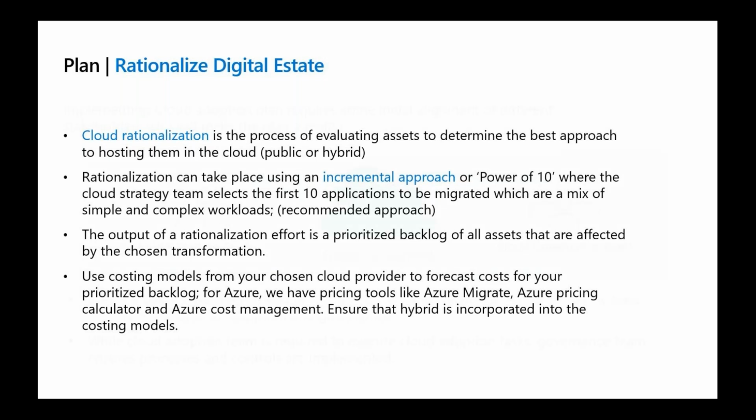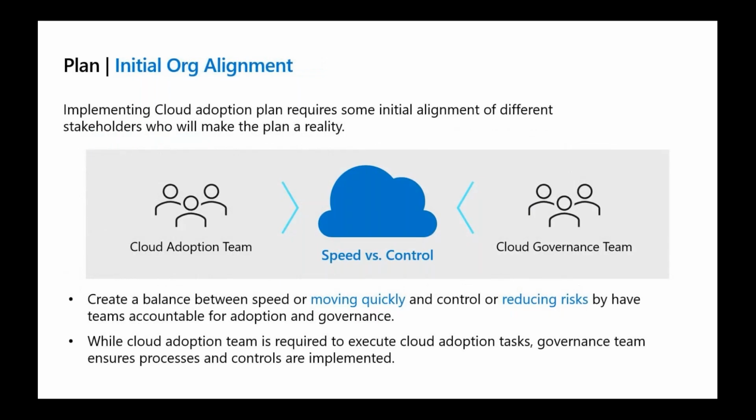Then again, we need to perform an initial organizational alignment. What it means is that one of the most important aspects of a cloud adoption plan, some would say the most important aspect, is the alignment of the people who make the plan a reality, and I agree with that.